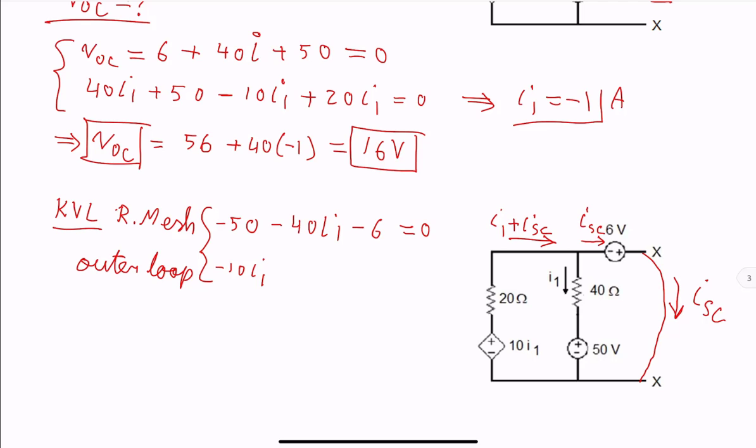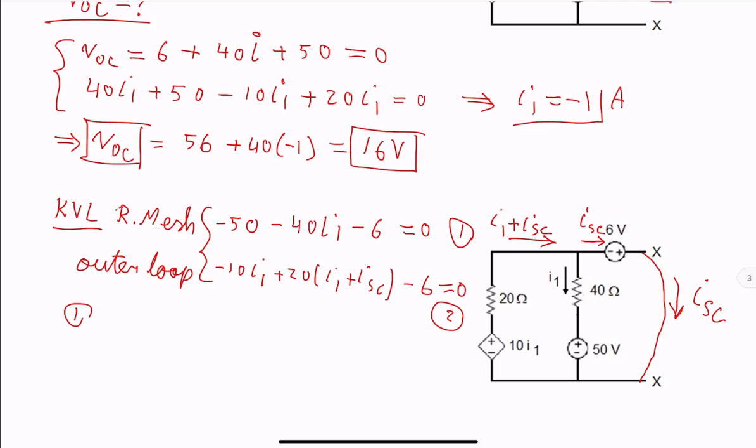Current is I1 plus I short circuit, passing through the 20 ohms, plus 20 times I1 plus ISC. And continue on the outer loop, we see negative side of the 6 volt source, so minus 6 equal to 0. Call this equation 1. And let's call this equation 2.